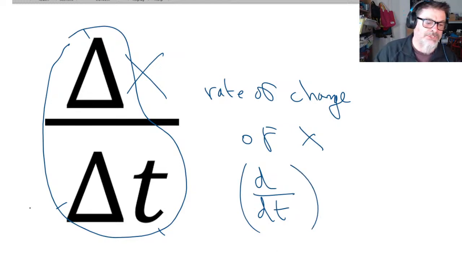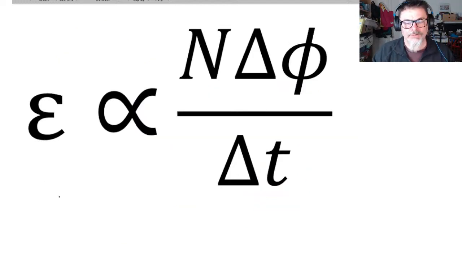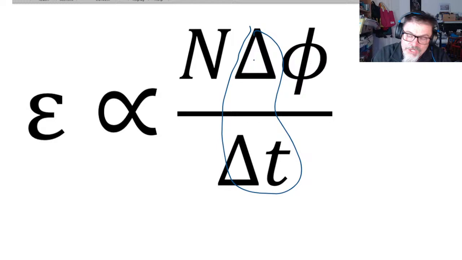And this leads us to Faraday's law, which is a really great law. I enjoy this one because I'm a nerd, I suppose. So here you can see we have rate of change. Now, n times phi, you might think to yourself, well, hold on a minute. He's taken n and phi and split them with the change.